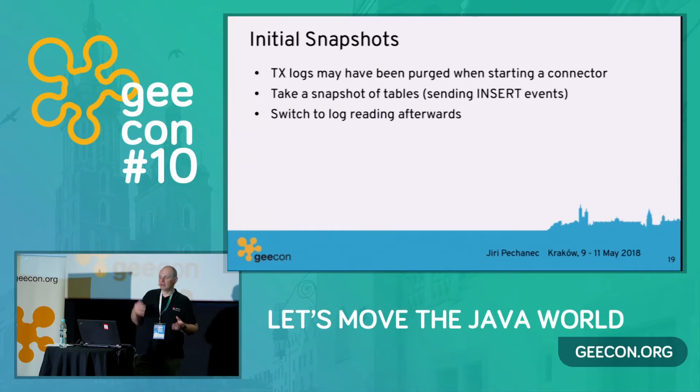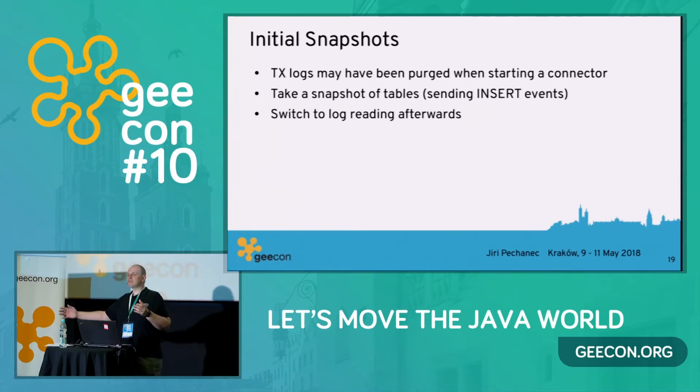So it effectively primes the downstream systems with already existing data. After the snapshot is completed, we switch to log reading and continue in the usual streaming way.